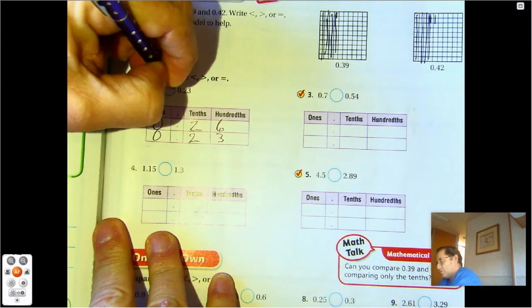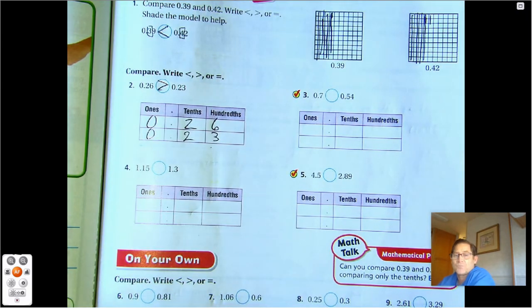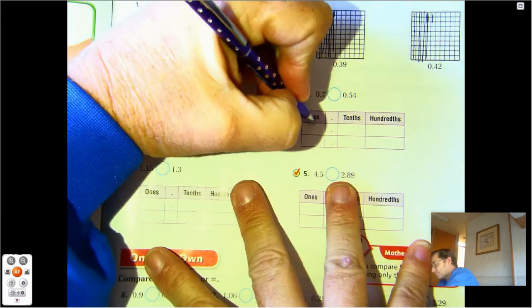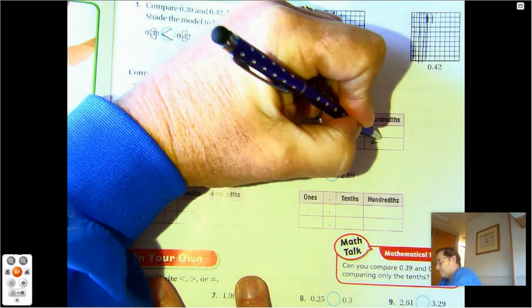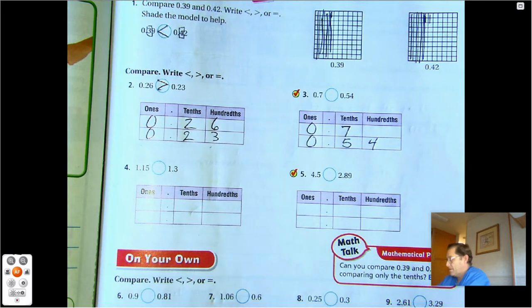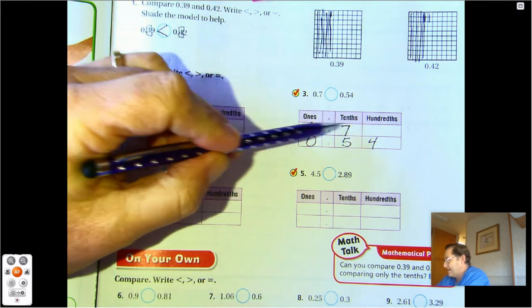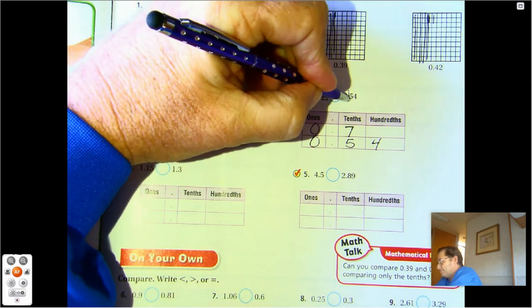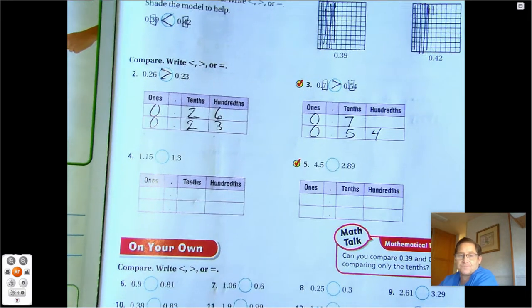So 26 hundredths is greater than 23 hundredths. 7 tenths compared to 54 hundredths. So 0 ones on both, so that didn't help. 7 tenths, 5 tenths. Well, 7 tenths is larger than 5 tenths.